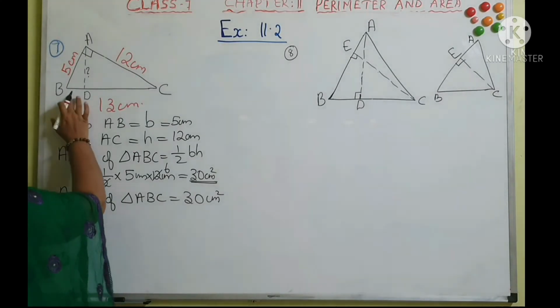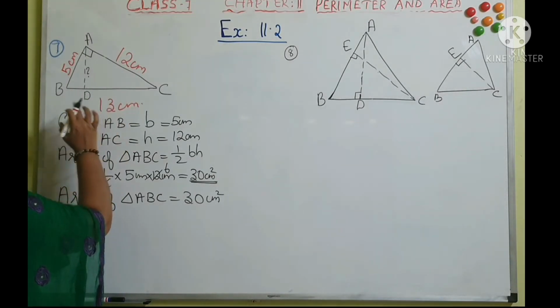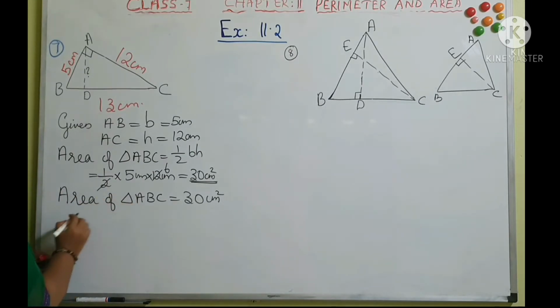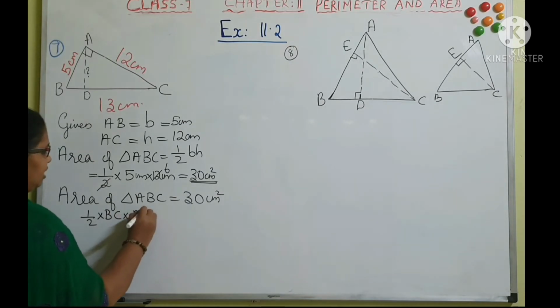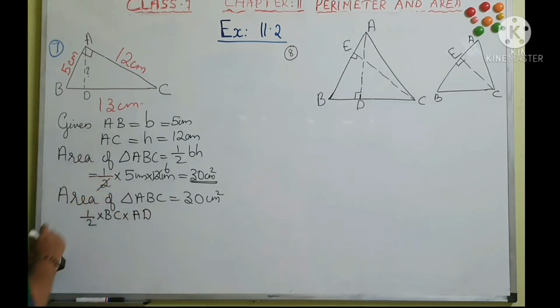So if we take BC as the base, then area of this triangle ABC is half BH, and that is half into BC, the base, and AD is the height to that base.